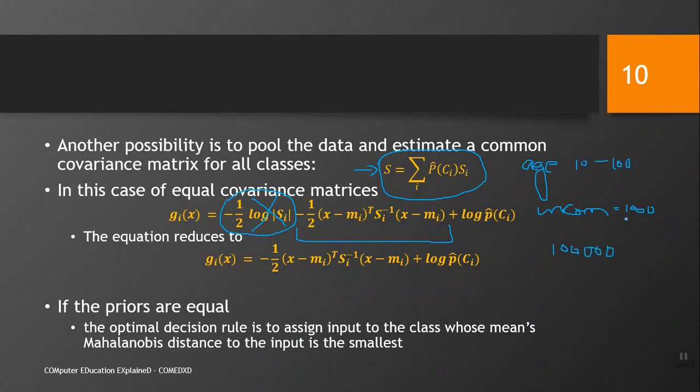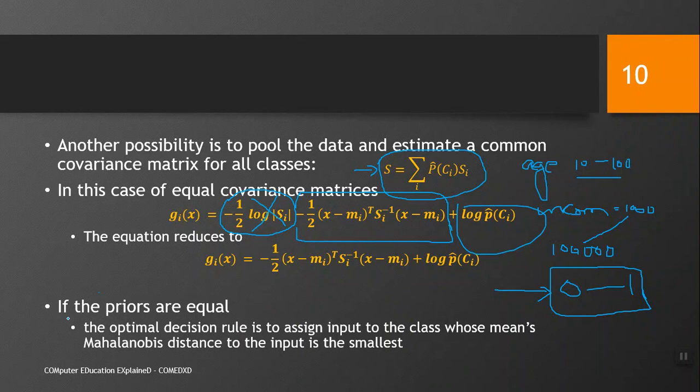Right. So it has a different scale. We normalize them and we transform them into a 0 to 1 range. Right. Transforming this would give more chances to our data to have the same kind of variances, similar variances. In that case, we can ignore this term and we need to work with only this term, including the prior.